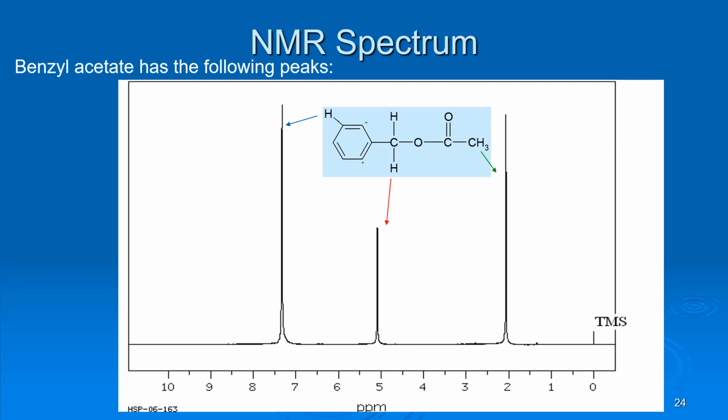Now you might say, okay, here are these two peaks. Which one's more likely to be the one further left? Well, notice this is a hydrogen on a carbon attached to an oxygen, so that's going to be in this region. It's probably even a little further left than we might expect. This carbon's also attached to a benzene ring, so both the benzene ring and the oxygen are electron withdrawing, and so these hydrogens are more deshielded, so they're further left.